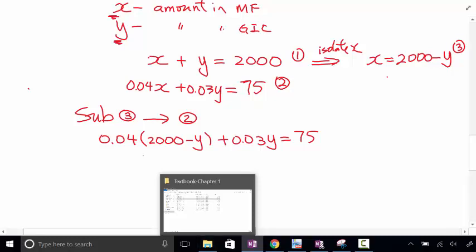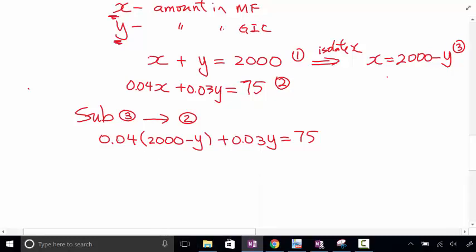How do I solve this? I multiply in. Okay. Remember? So what do you get? 0.04 times 2,000, which gives you 80. Okay. That times that gives you negative 0.04y plus 0.03y is equal to 75.